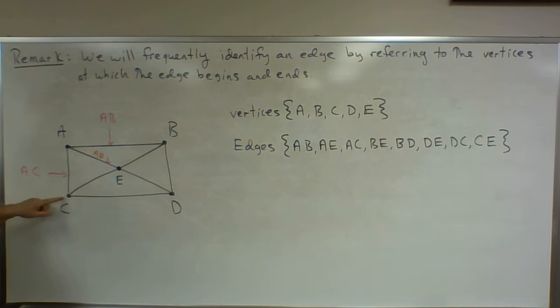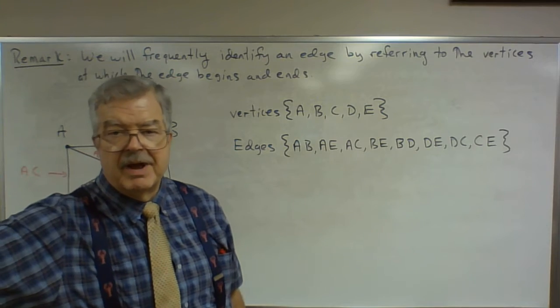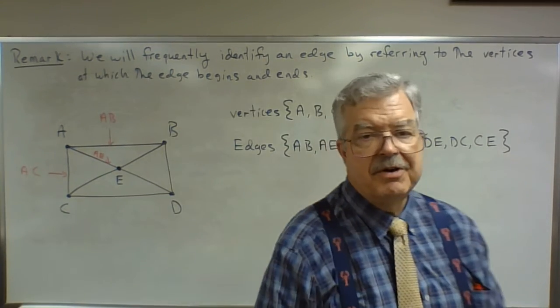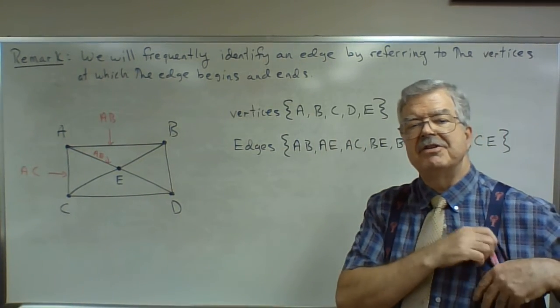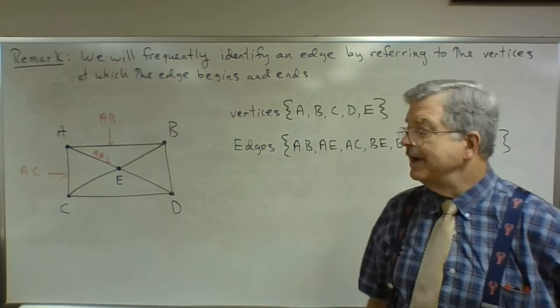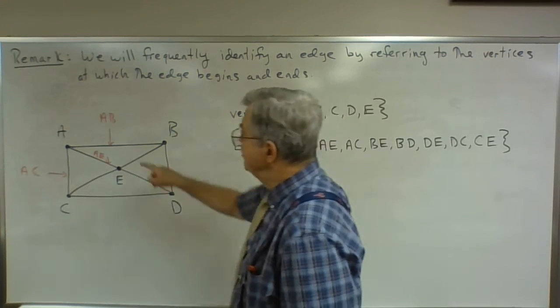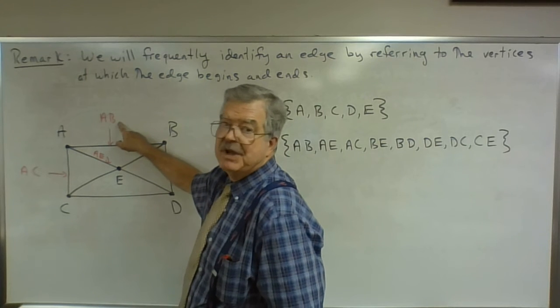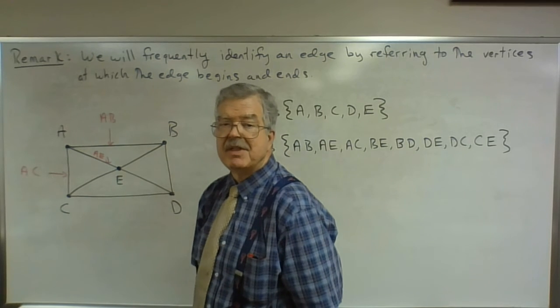And could we have called this edge CA? Could we have called this edge DA? Yes. Right. We're not really concerned at this point about the direction that we go when we're traveling along an edge. So this edge we could call AB, we could also call it BA.